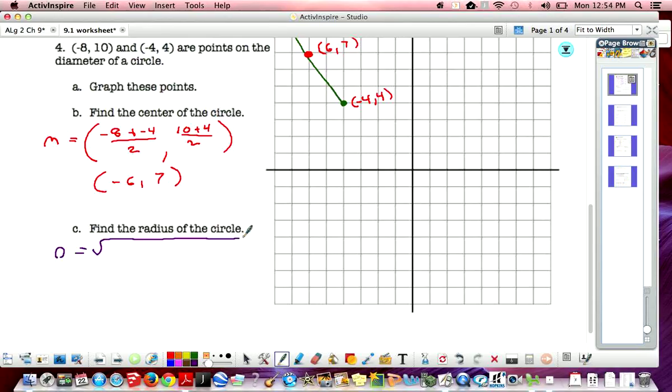So if I go 6 minus a negative 4, so 6 minus a negative 4 quantity squared, plus, then I can go 7 minus 4 quantity squared. So again, subtract your x's, subtract your y's. So now I get the square root of 10 quantity squared plus 3 squared. Well, 10 squared is 100, 3 squared is 9, so that equals the square root of 109.